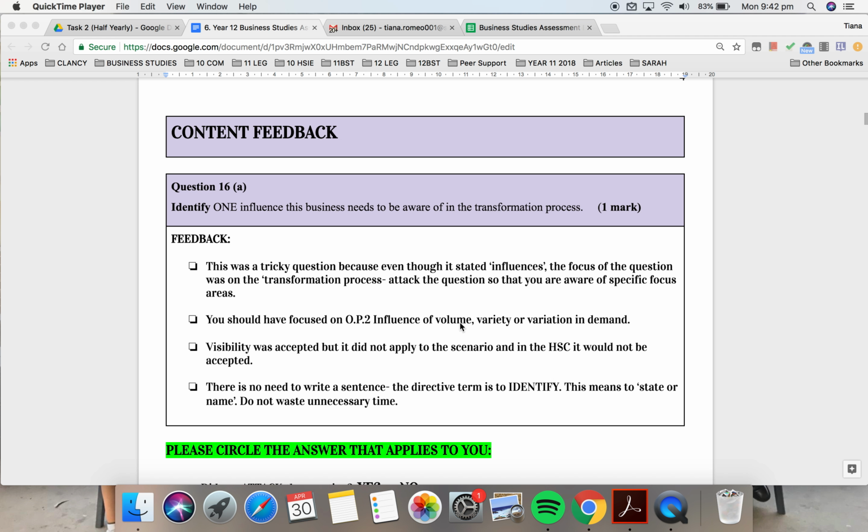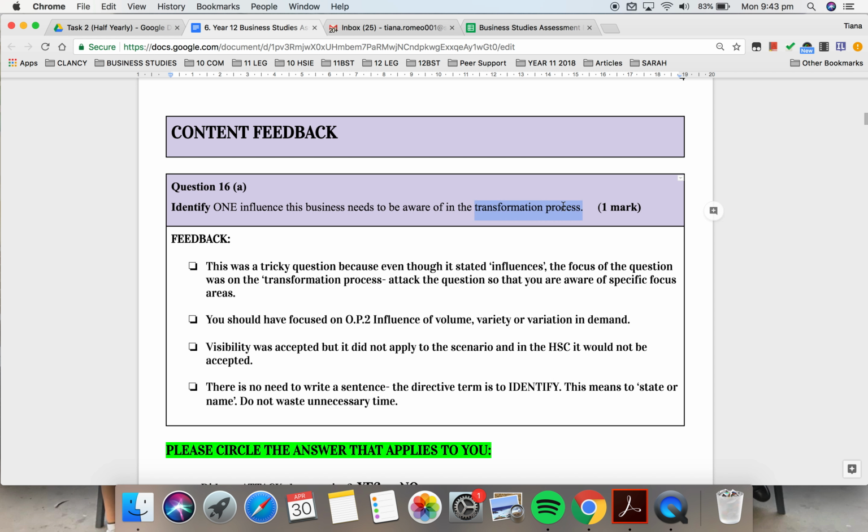So for question 16A, identify one influence this business needs to be aware of in the transformation process. For 1 mark, you just had to identify. This was a tricky question because even though it stated influences, the focus of the question was on the transformation process, okay, not influences.